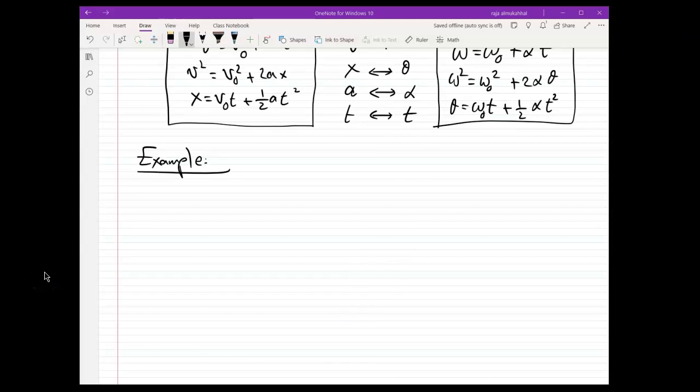Suppose you have a particle that moves in a circular path, and suppose that the initial angular velocity of the particle is 4 radians per second.